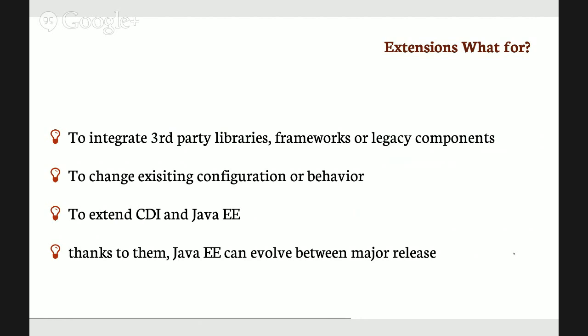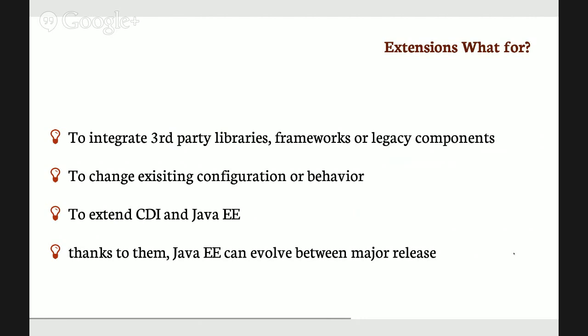So you can have a configuration in CDI and use an extension to change the way it's working. And as these extensions are portable, portable means that they are not tied to a specific server or implementation. It's a convenient, natural way to extend CDI and so to extend Java EE as well.